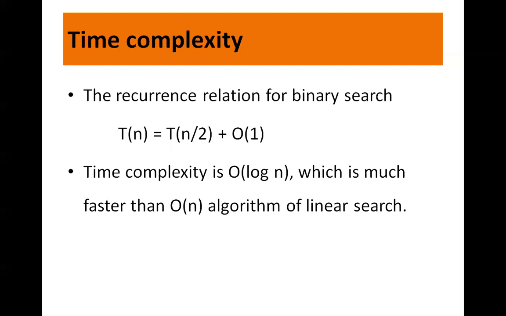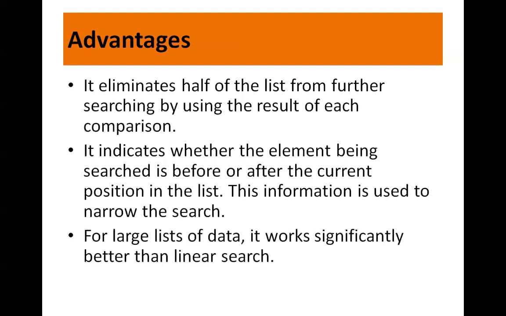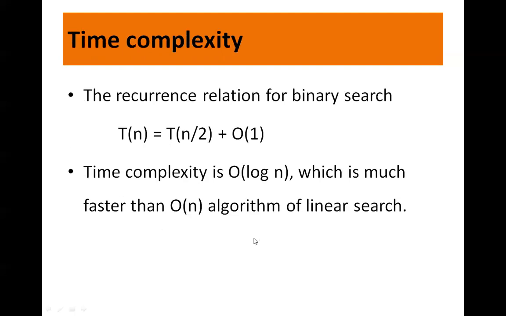Fine. Now, what are the advantages? It eliminates half of the list from further searching by using the result of each comparison. We have already seen this. Every time the search space is reduced to half. It indicates whether the element being searched is before or after the current position in the list. How come?